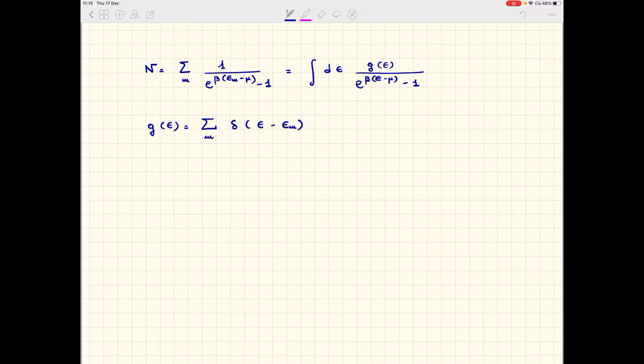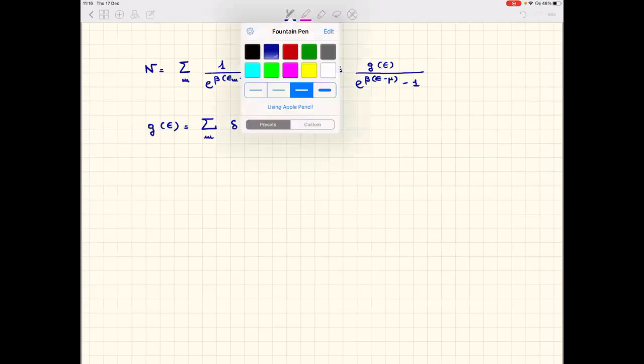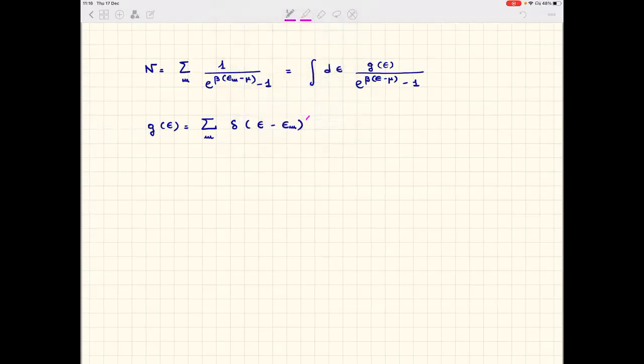Right? You see that if I substitute this in there, I get essentially this discrete sum. So this is what should stay here in general.